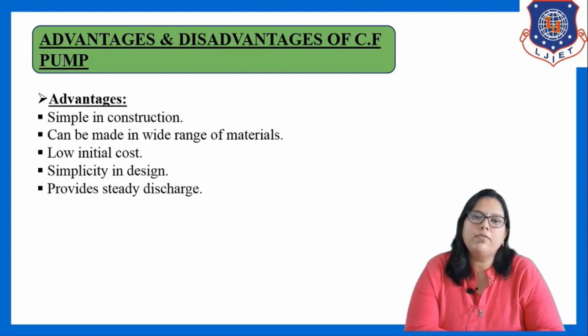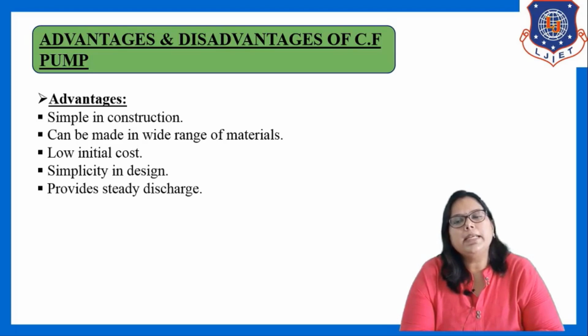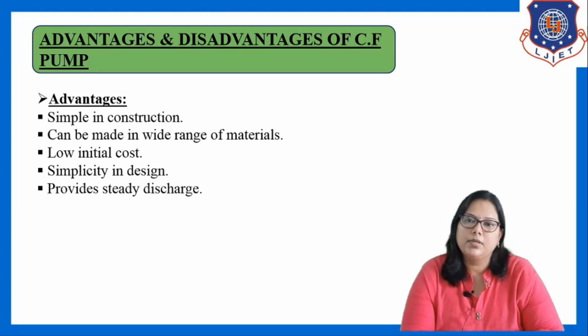So the first advantage is that it is simple in construction. Next, it can be made in a wide range of materials. There is no limitation in materials when we are fabricating a centrifugal pump.